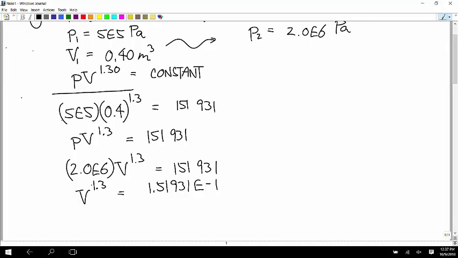And then take the 1.3 root of that. So take both sides to the 1 over 1.3 power, and you get that for part A, the volume is 0.1377 meters cubed.